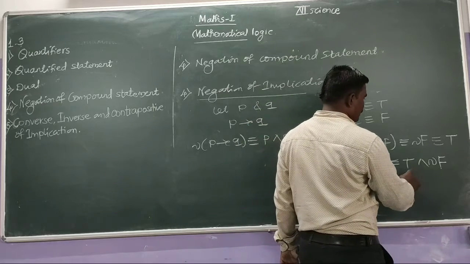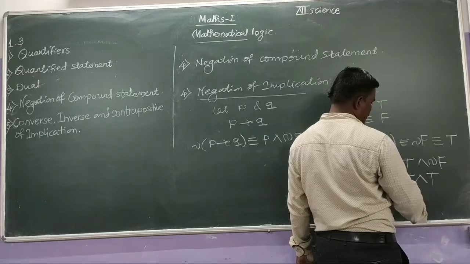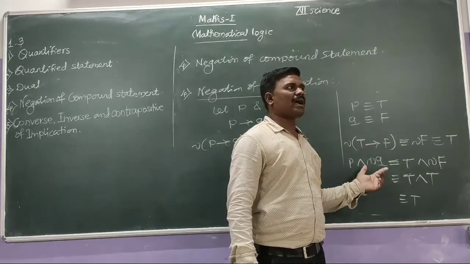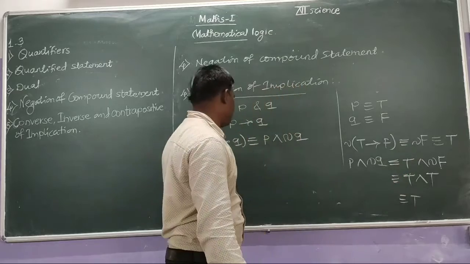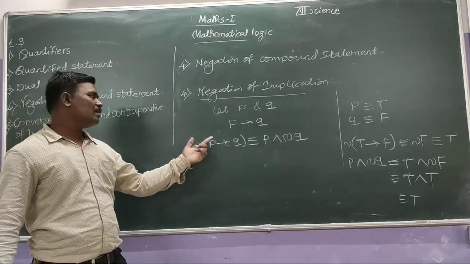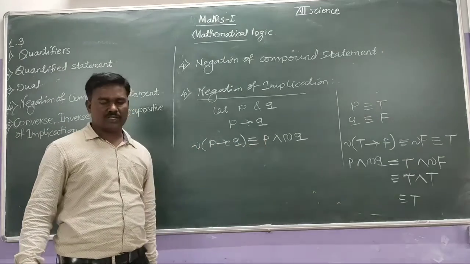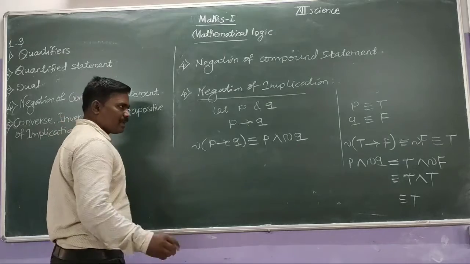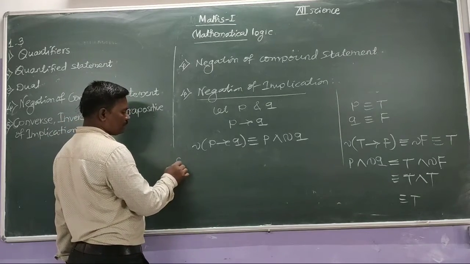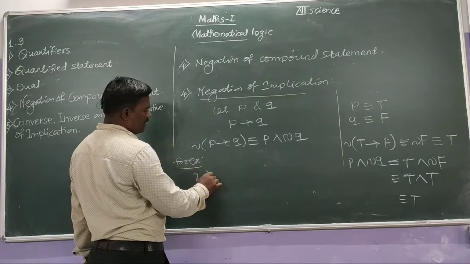Therefore true conjunction negation of false, that is true. That means both values, LHS and RHS, are the same. We verified that negation of P implies Q is equivalent to P conjunction negation of Q. For example, let us take the previous example. x is a prime.